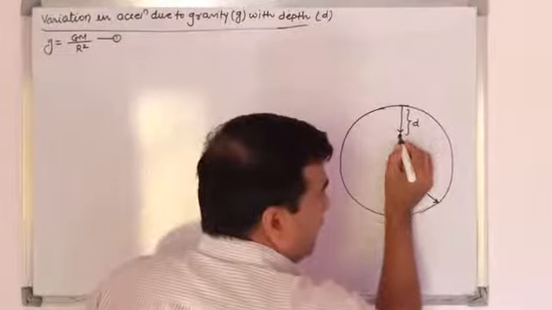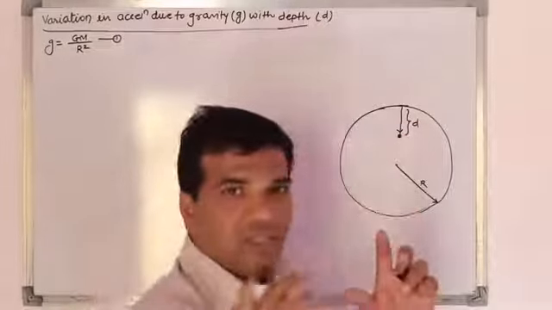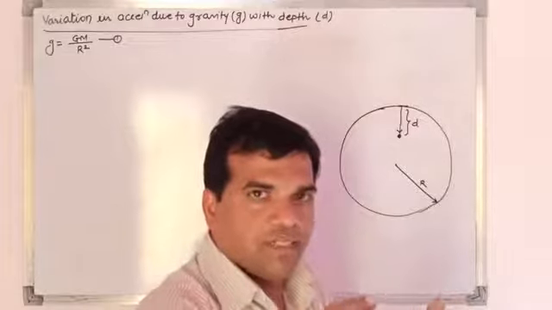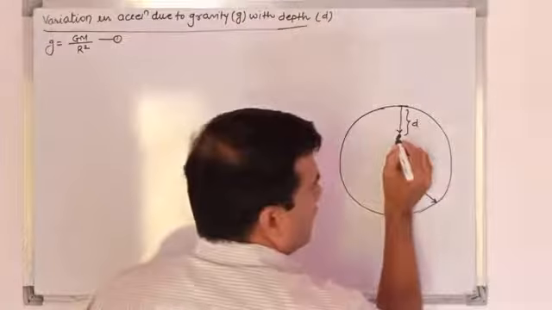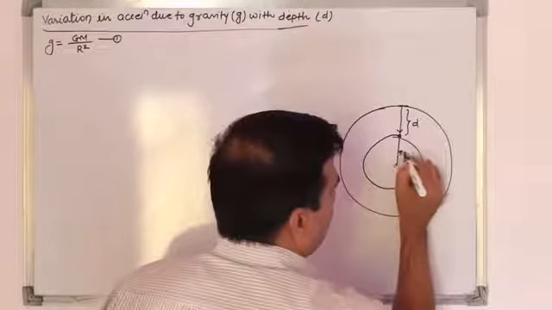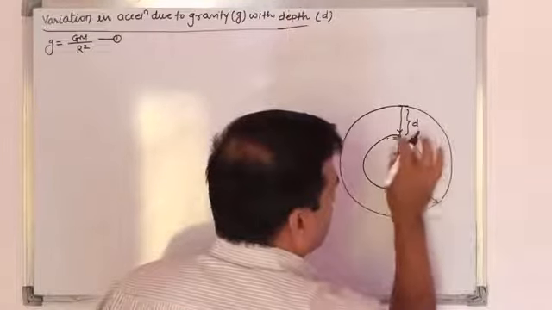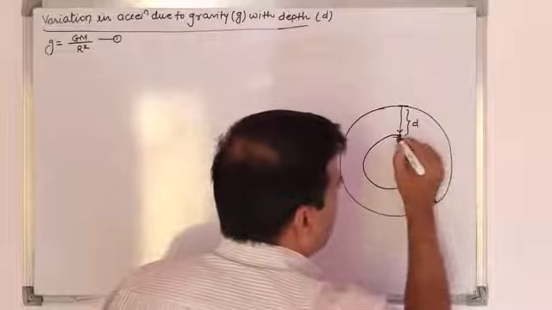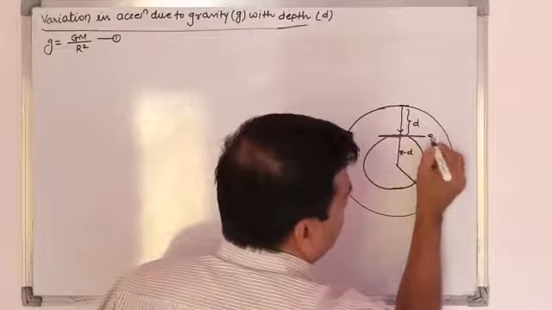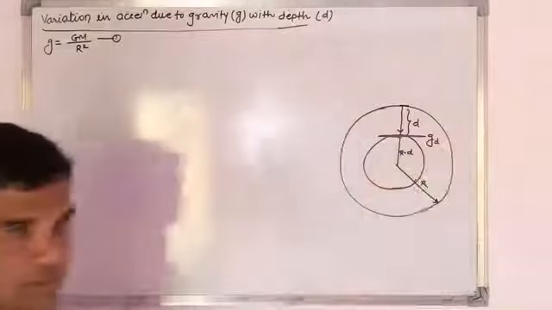Now we draw a concentric circle of radius r minus d. This distance becomes r minus d, and we have to determine the acceleration due to gravity at this point here, and suppose this is gd.